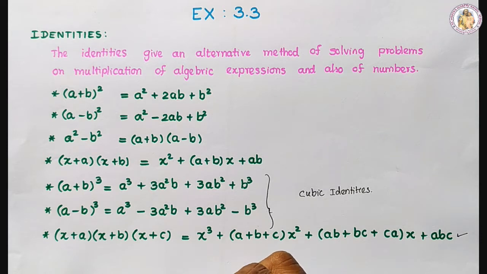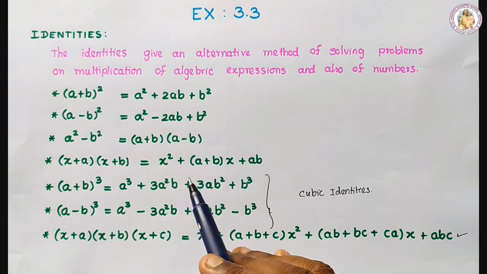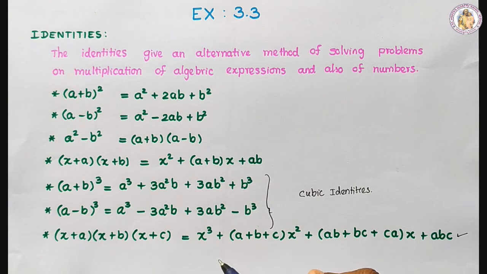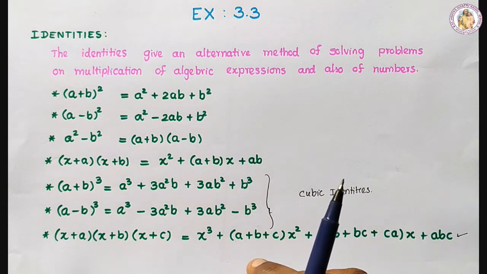And these are all the identities we can use to solve the problem on multiplication of algebraic expressions. So children, memorize these formulas, then only you can solve the problem. So write down and memorize that.